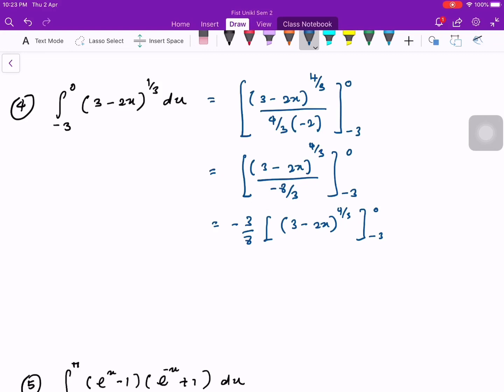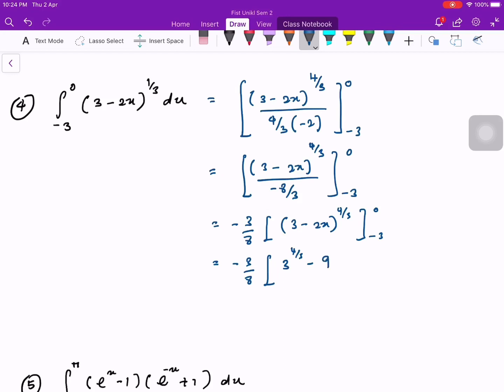Okay, then by computing this limit accordingly, so we're supposed to have minus 3 over 8, and kalau kita masukkan kosong, so kita akan dapat 3 kuasa 4 per 3 tolak dengan so 3 times 2 becomes 6. 6 minus 3 become 3, so 9.